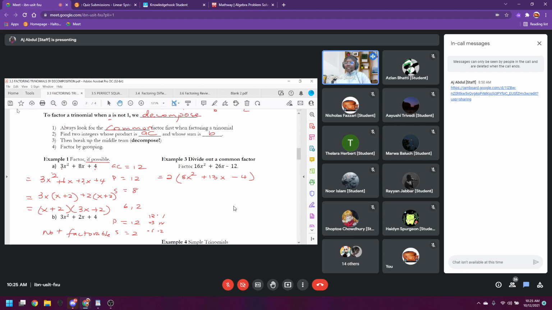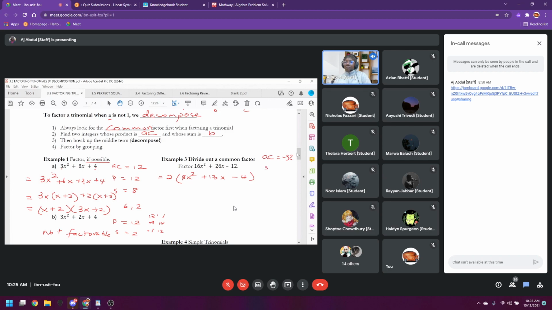And then I still have to decompose because I see 8 in front of that x squared. So I have to go 8 times C, the first coefficient times the last one, which is going to be equal to -32. And my sum has to be +13.